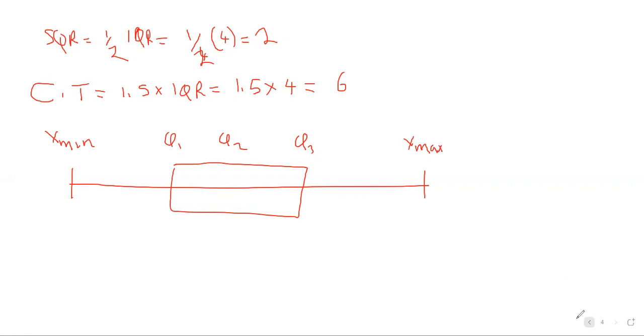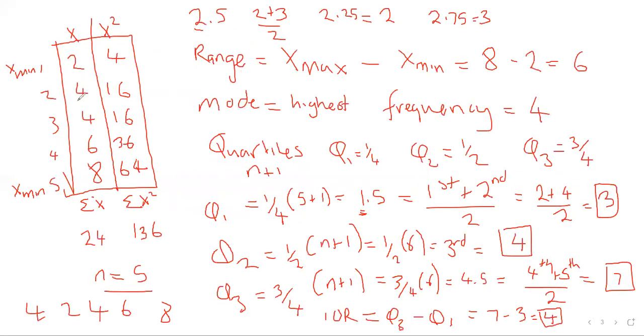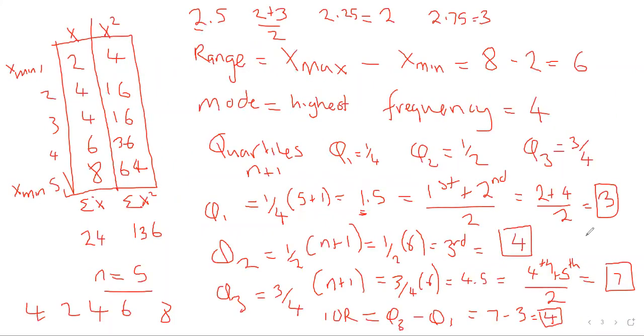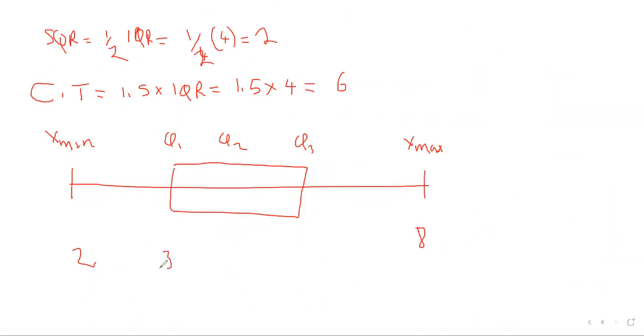So what was our X min? We had 2, and the X max we had 8. So here we put a 2, here we put an 8. Then we also had Q1, Q2, Q3, so 3, 4, 7. You put your 3, your 4, and your 7 here. So this is a box-whisker plot.